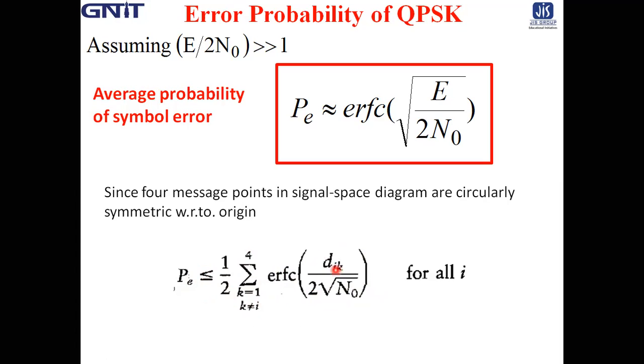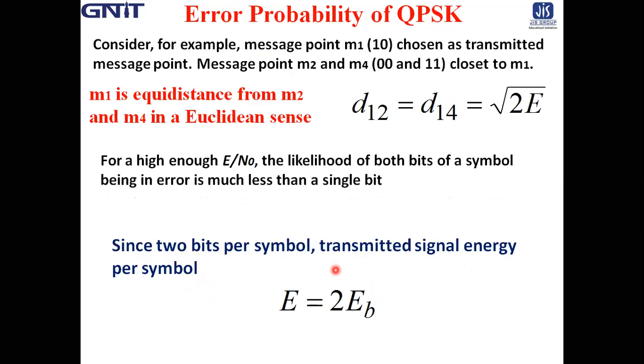Now consider, for example, message point M1 corresponding to dibit 10 chosen as the transmitted message point. The message points M2 and M4 corresponding to dibits 00 and 11 are the closest to M1.